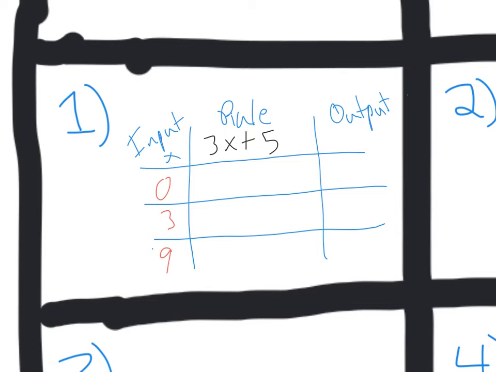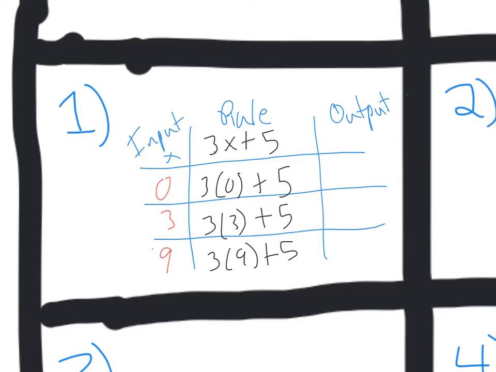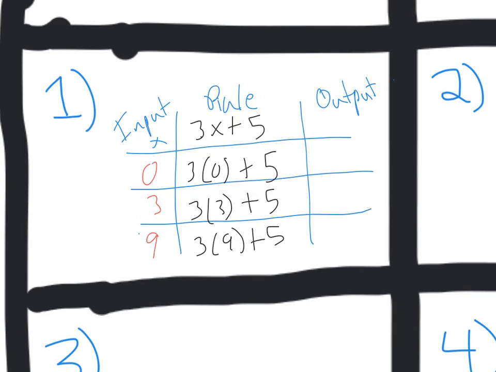And basically what you're doing with these inputs is you're replacing them with the letter x. So 3 times 0, remember a number next to a letter means multiply, plus 5. This would be 3 times 3 plus 5, and this one would be 3 times 9 plus 5. And then you guys can all figure out what happens when you plug that stuff in.